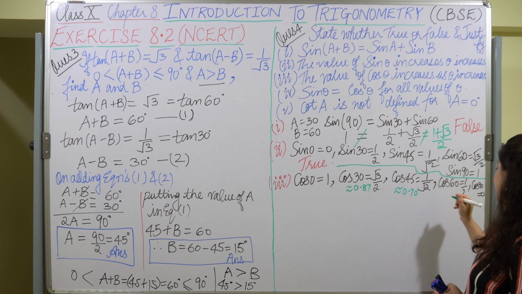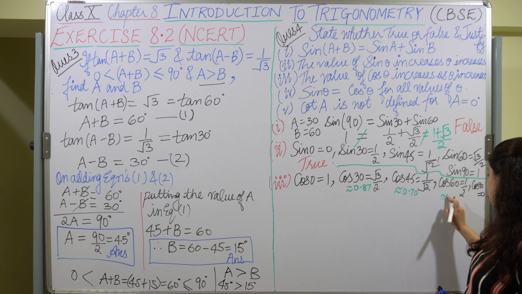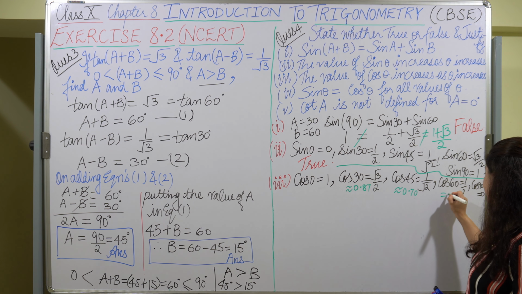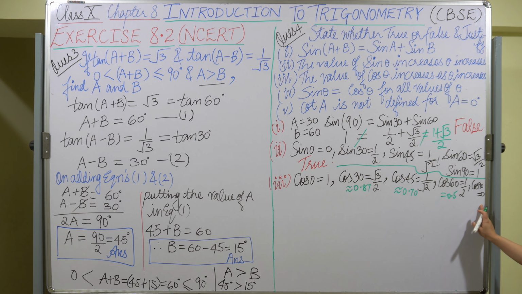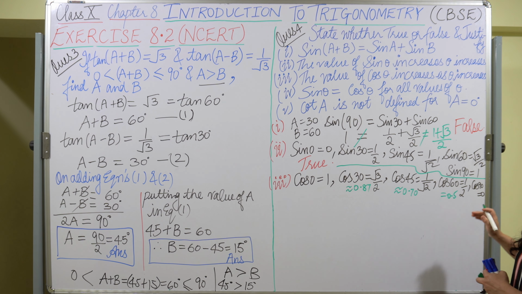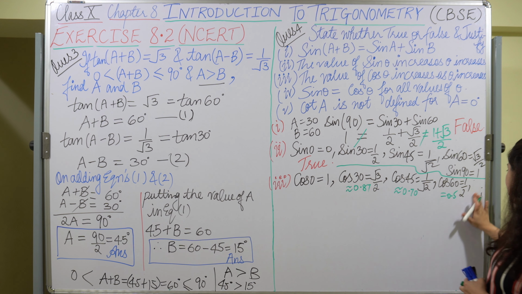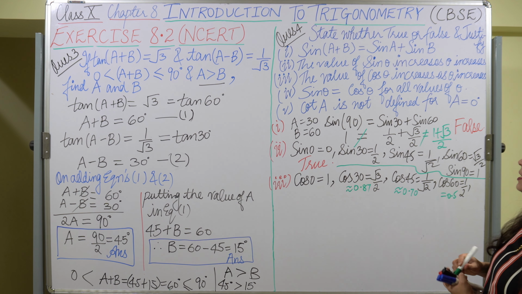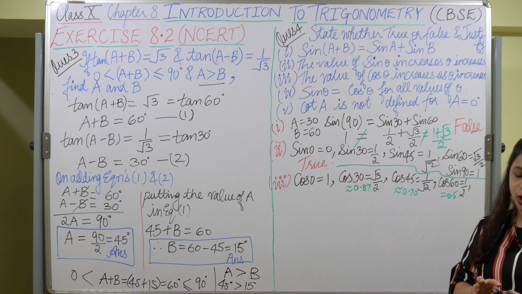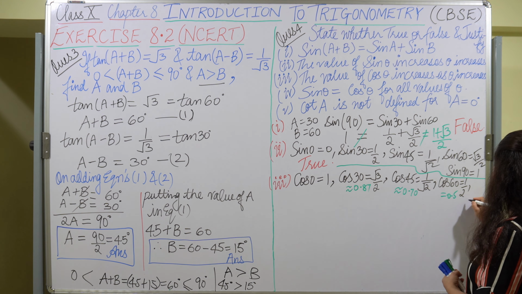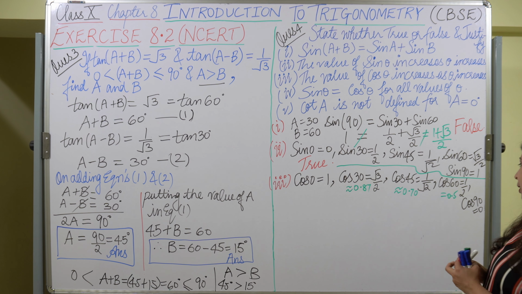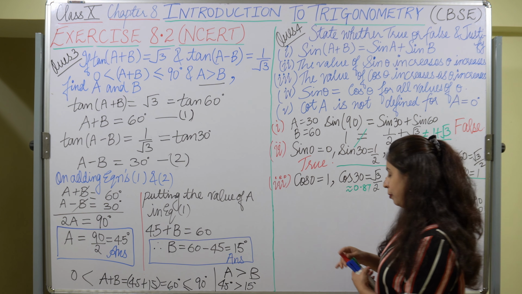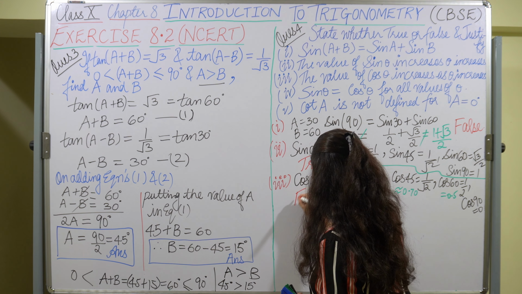Then cos 60 is 1 by 2, that is equal to 0.5. And then cos 90 is equal to 0. So we can clearly see as the theta increases, cos theta is decreasing. So we will be writing over here false.